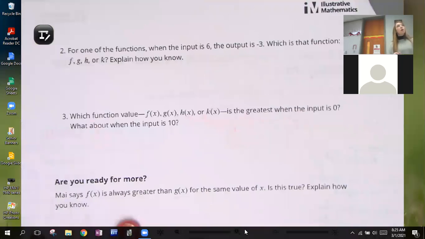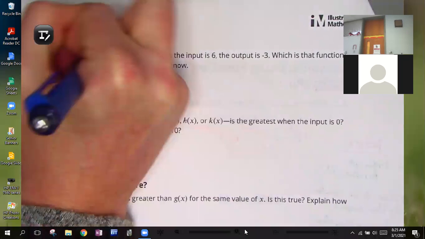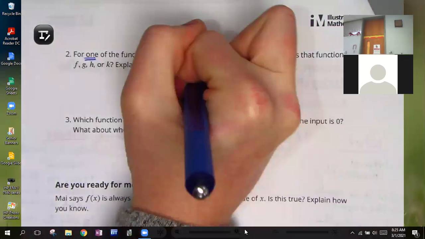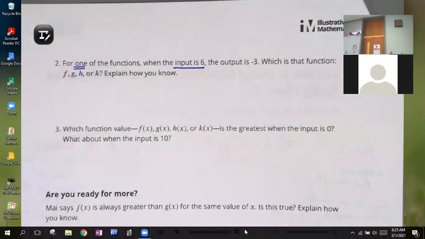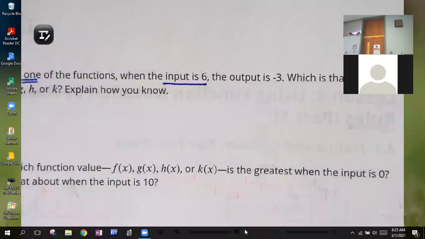All right, number 2. It says for one of the functions, for just one of them, so either F, G, H, or K, when the input is 6, underlying input is 6. All right, if the input is 6, what variable did they just tell us? The x.